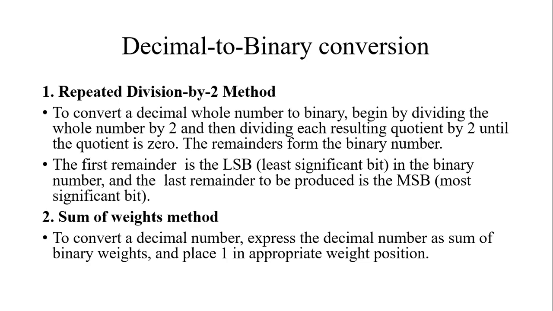To convert a decimal number, express the decimal number as a sum of binary weights and place a 1 in the appropriate weight position. So one method is repeated division, and the second method is the sum of weights method to convert decimal to binary.